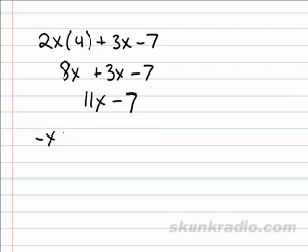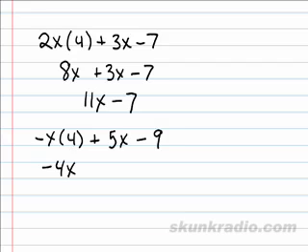We could do one final problem. How about negative x times 4 plus 5x minus 9. So let's deal with just the first part of the problem. Minus x times 4 is going to be a minus 4x. Notice how when we have a real number or a coefficient with our variable, we write the number first before the x.